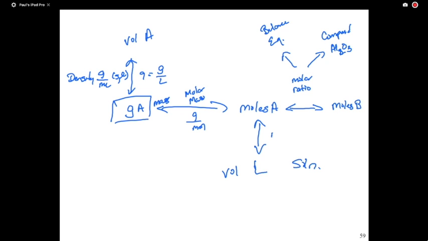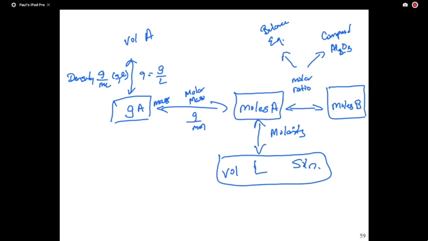And what I'm going to use here is molarity. These are the big conversions that you can do. You can go from volume of A itself to grams of A itself, grams of A itself to moles of A itself. We can go from moles of A to moles of B. Or we get to the volume in liters of A in a solution, meaning that A is dissolved in something and it's going to be a solution. These are the big key conversions.